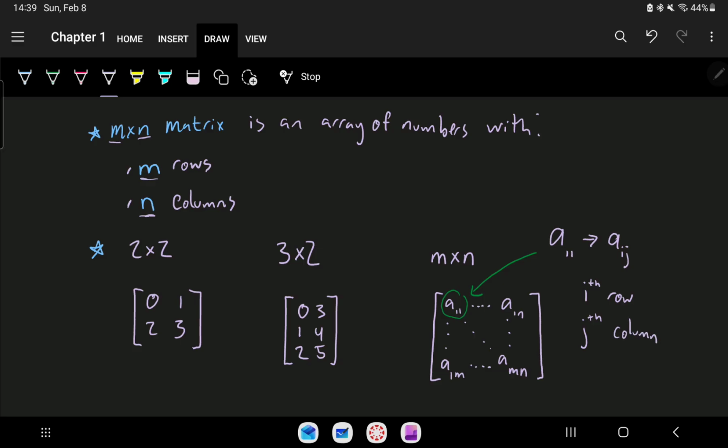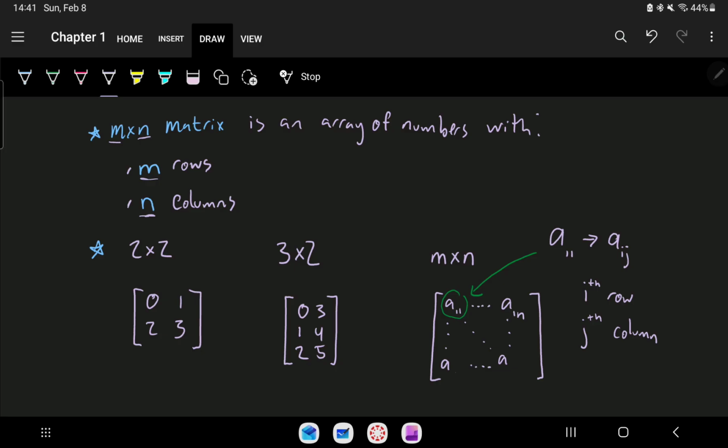Right, so in that light, I've made a minor mistake here. So let's look at this again. So we have the first row in the first column. It's going to be this first number right here. I have arbitrarily many columns in between here. We're still in the first row, so that's going to be a1, but now we are in the nth column.